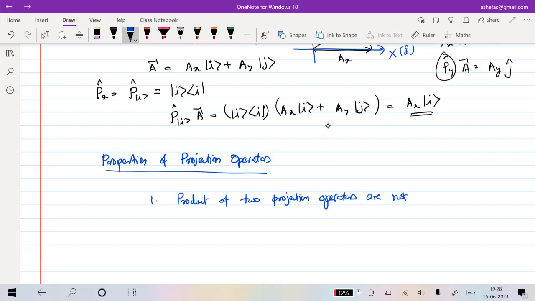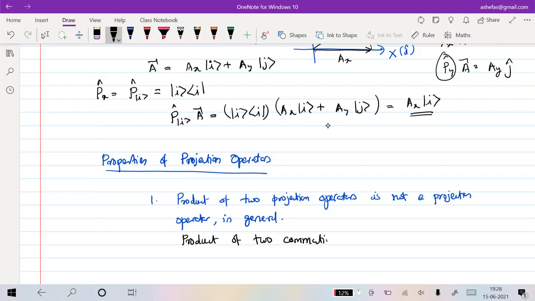But we can have a special case. The special case is that the product of two commuting projection operators is a projection operator.